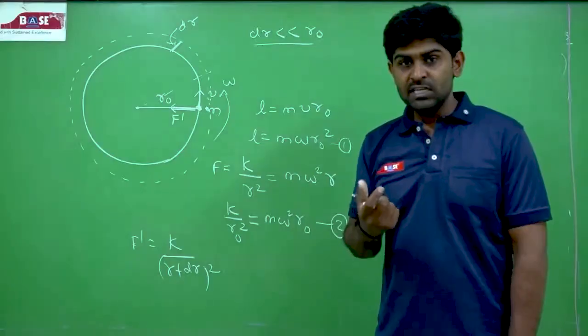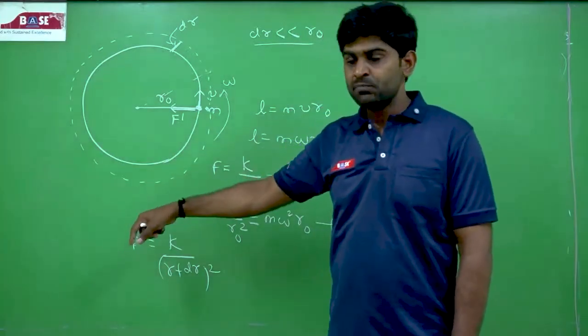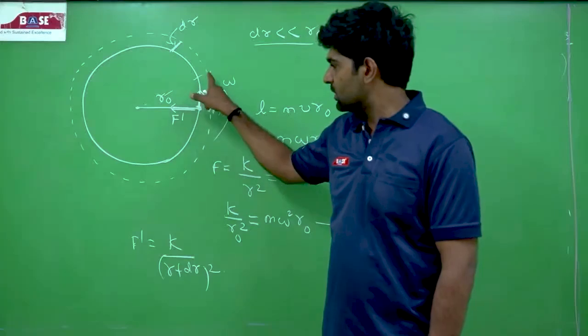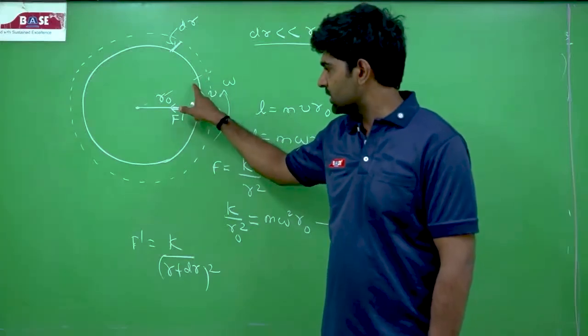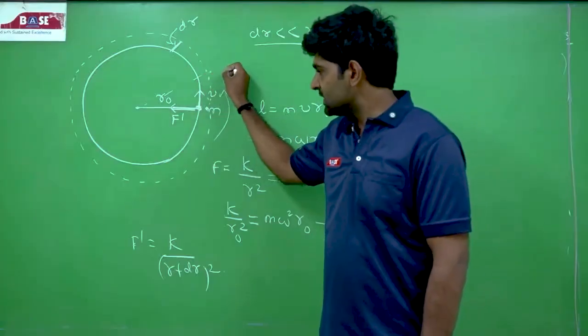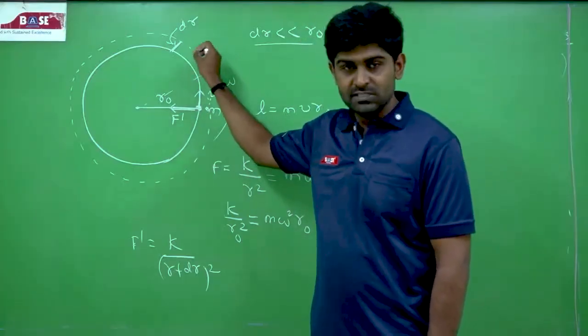But we also know it is not just maintaining the circular path. From its original position, it is going in a wobbling type of motion where it is increasing the radius, decreasing the radius. That's how it is moving, right?